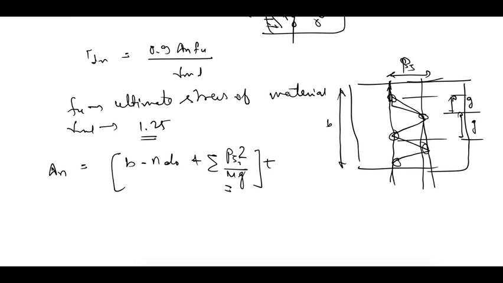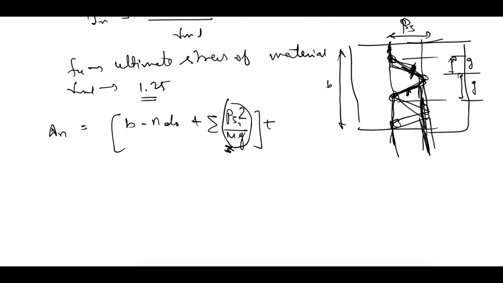So we have to consider all these surfaces. This term is added for every inclined surface. If we have used this line, then only one inclined surface is there, so one term will come. If we have used this line like this, then 2 will come. Similarly 3 and 4 can also come.